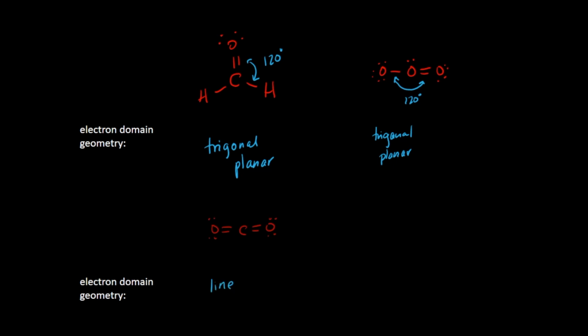This is called linear, and the angle between the bonds is 180 degrees. So there are only 3 geometries that you need to remember: linear, trigonal planar, and tetrahedral.